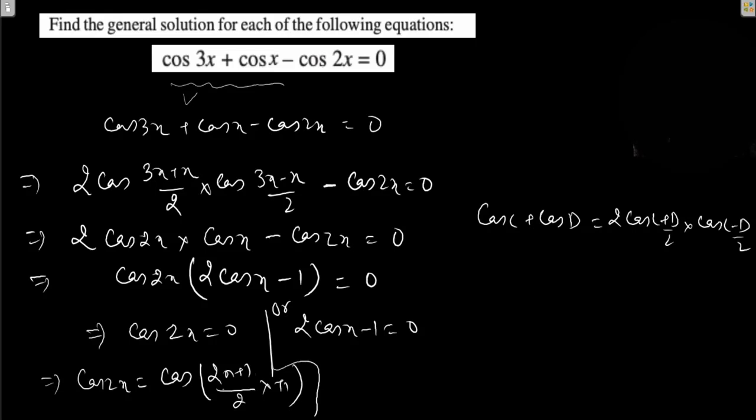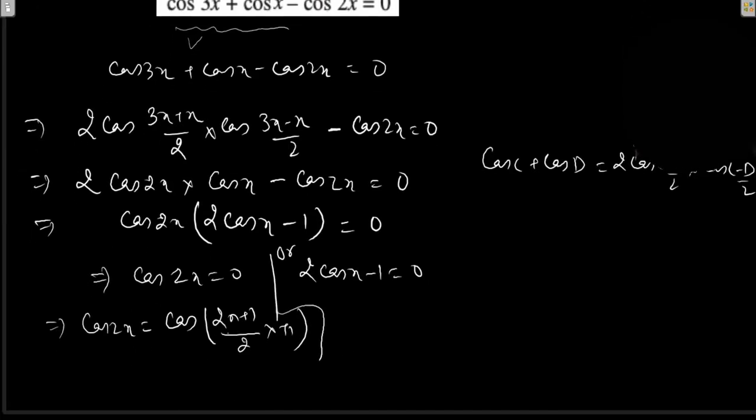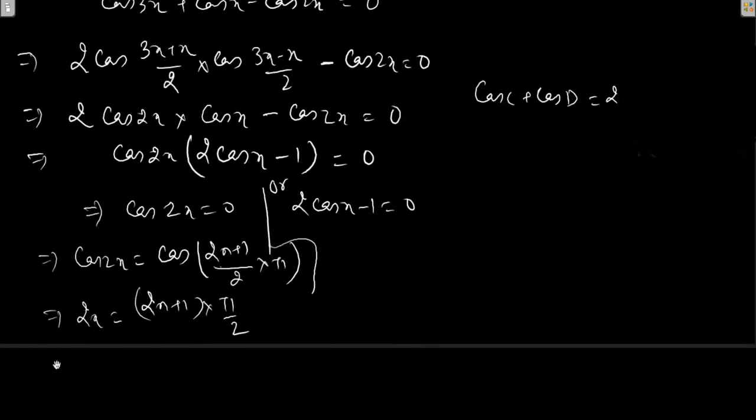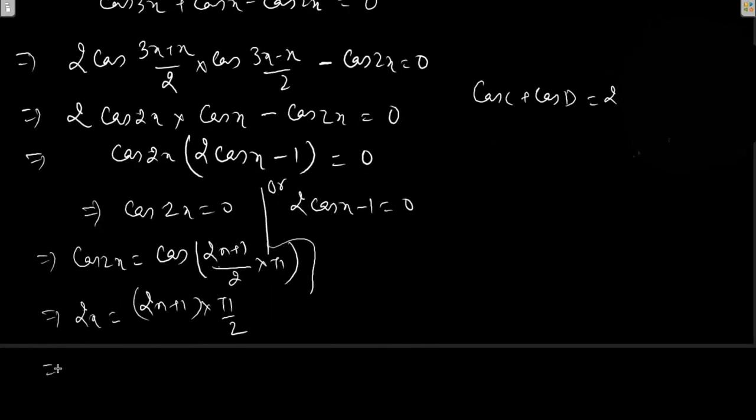So on the left side we get 2x is nothing but (2n plus 1) into pi by 2, which means x equals (2n plus 1) into pi by 4, isn't it? So this is what we got.